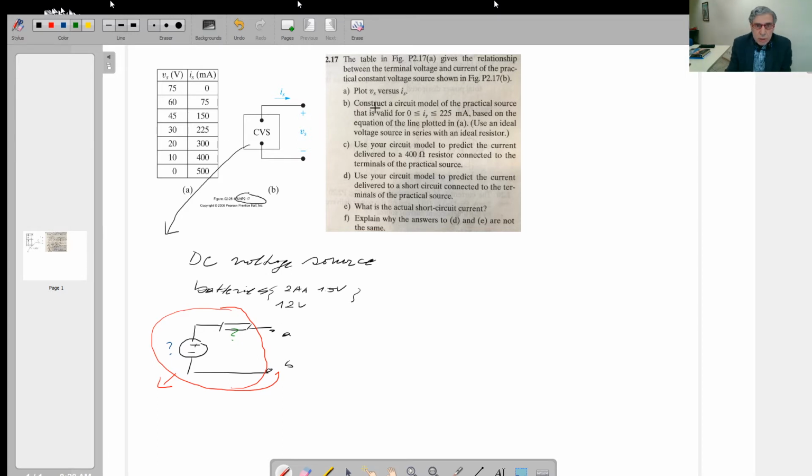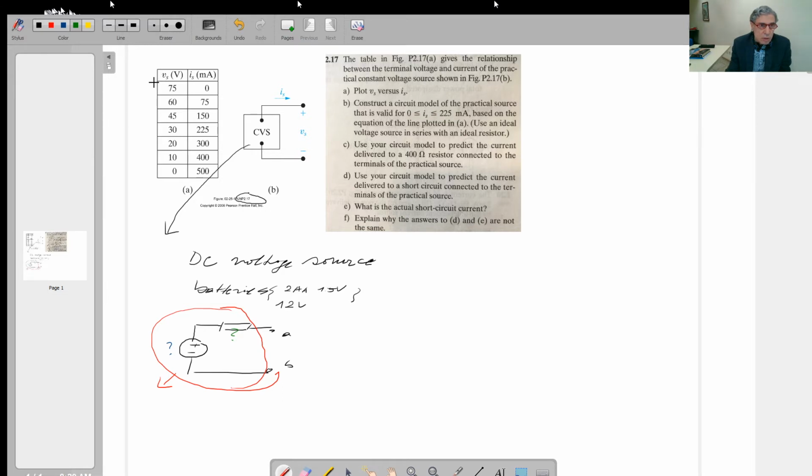Also it says here you can plot this, but I'm not going to do this here, I'm going to skip that one. In B, it says construct a circuit model of the practical source that is valid for IS in between this.